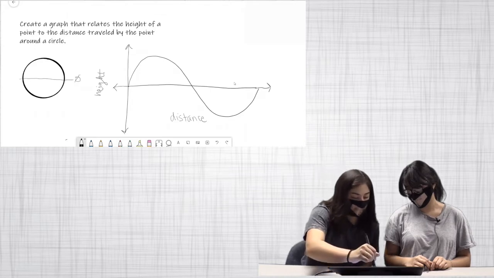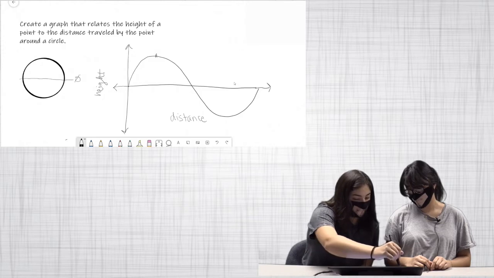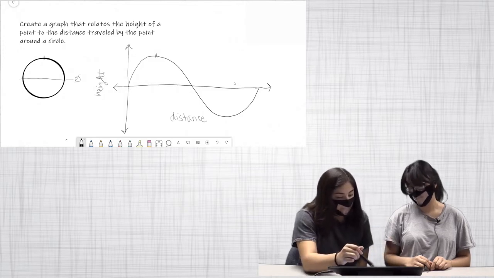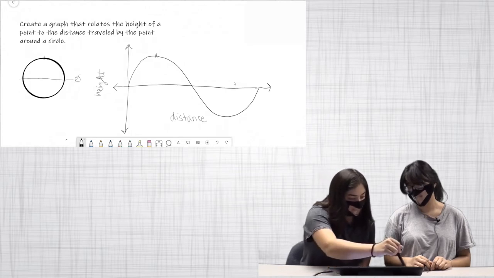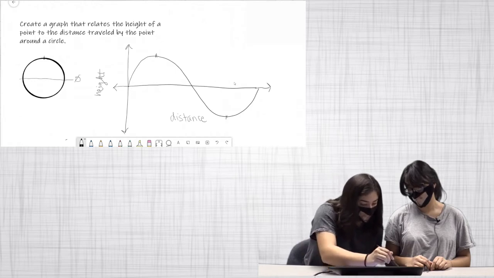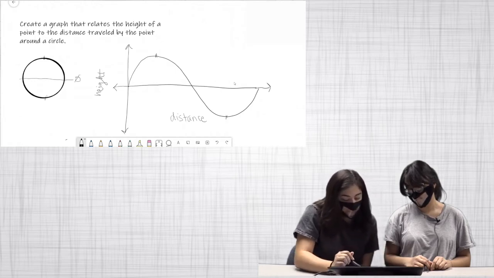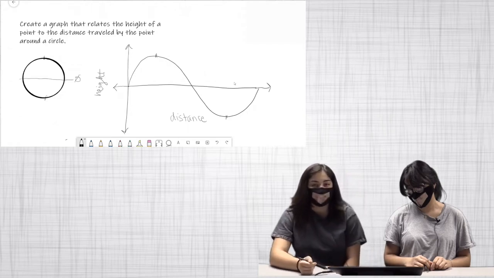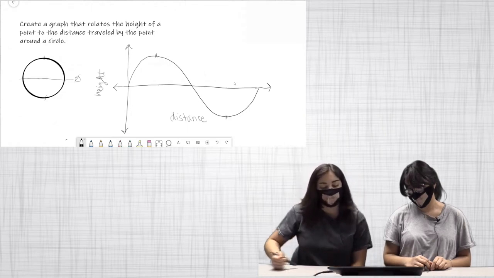And then right here, it is going to be the same as up here at the very top of the circle. And then you're still traveling distance, you're decreasing as you go around this way. And then once you reach the very bottom of the circle, that'll be here, it's going to start increasing again. But since there's no set lengths or sides, it's just going to be one continuous curve.